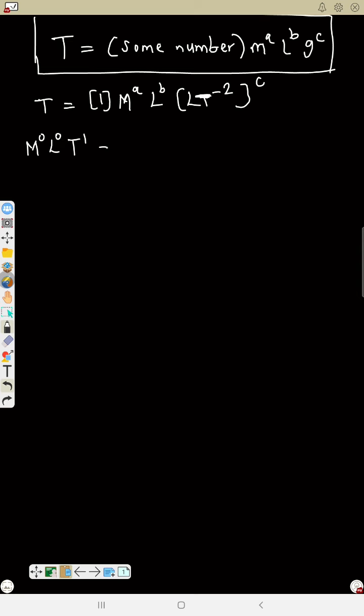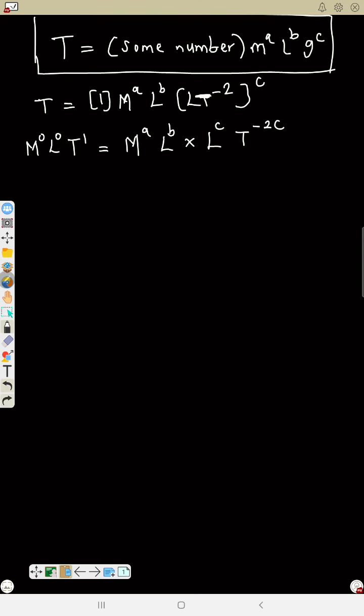It is equal to M raised to power A, L raised to power B. This C will affect everything in the bracket, so that will be times L raised to power C, T raised to power minus 2C, because this power will multiply everything inside.